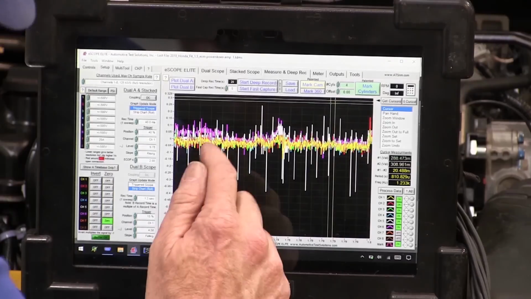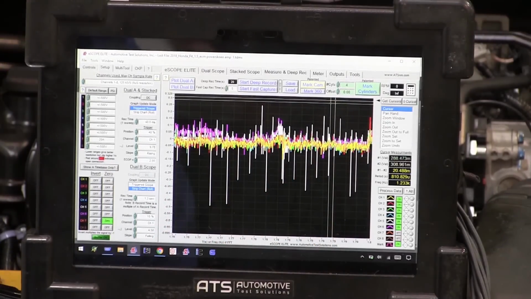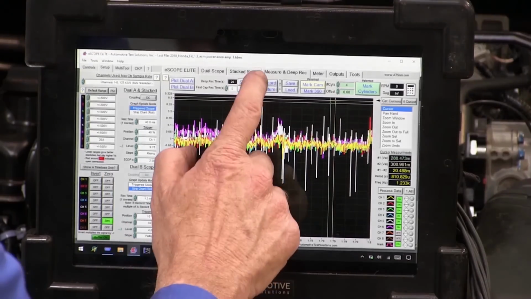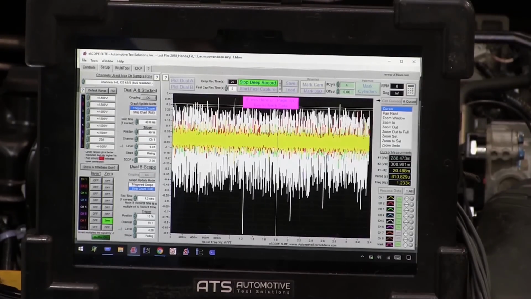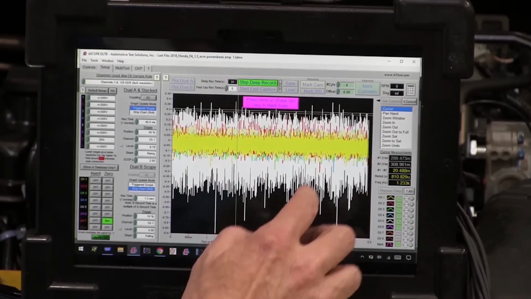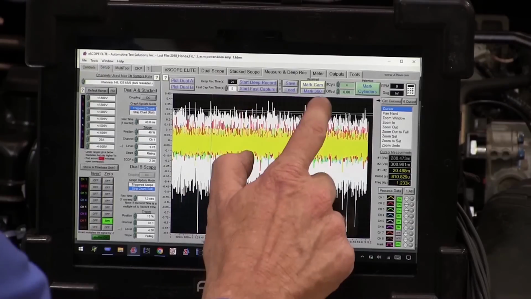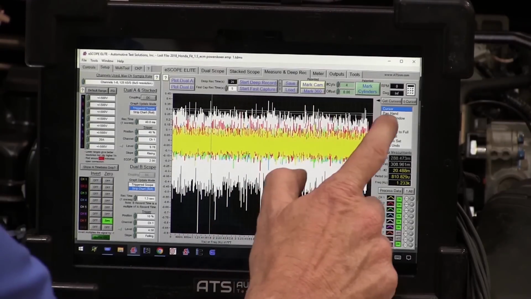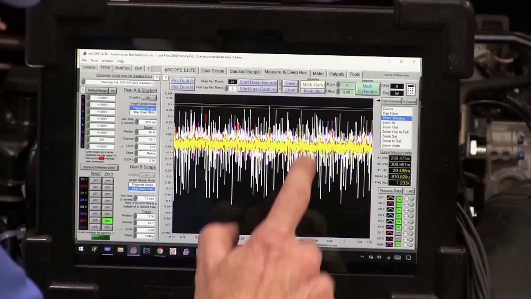The only thing I could think that's running at that kind of speed, repetitious, is the throttle. So I want to go back and look at this. You can see this is auto scaling, so now it's bigger. It's no worse, it just looks worse, because I turned the orange off, so we're not scaling on the orange.